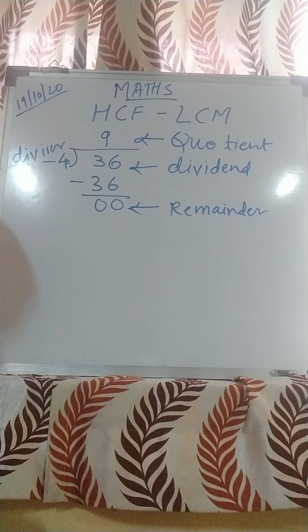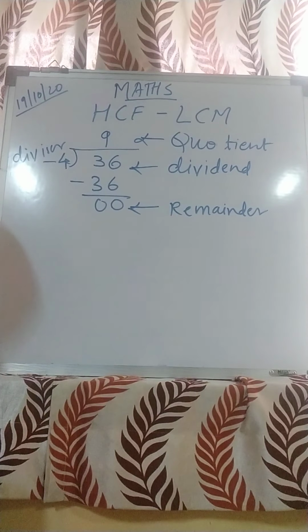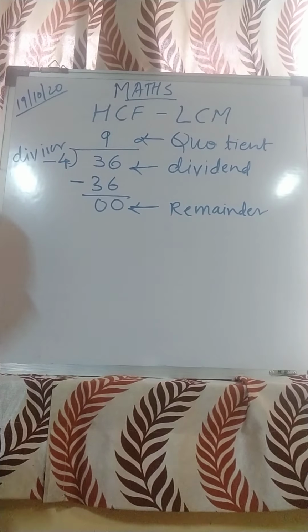Likewise, in practice set 23, you have to take out the factors of the given numbers and list out the common factors of the same. Now see, I am taking the second and fourth sums from PS 23.